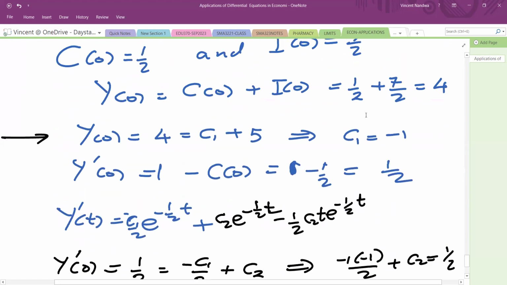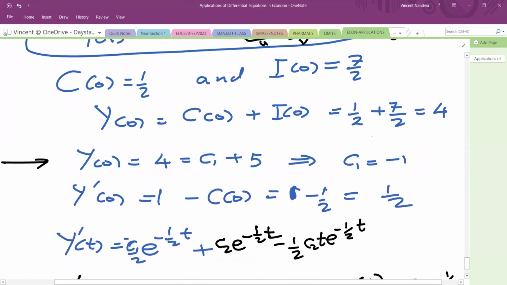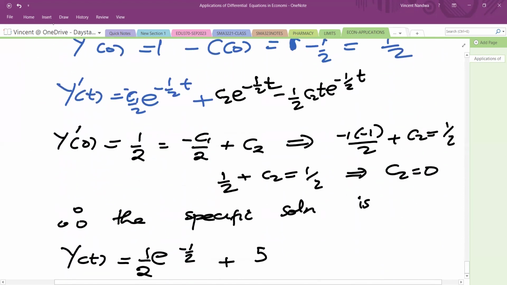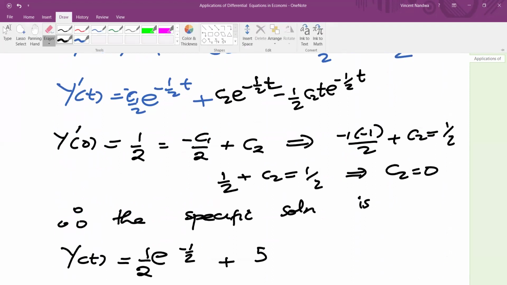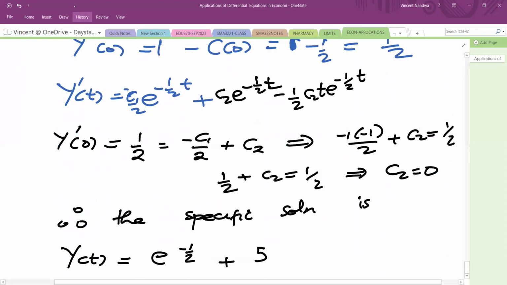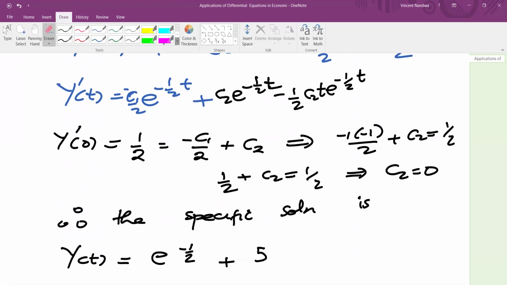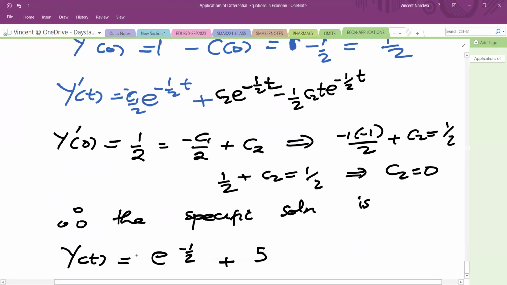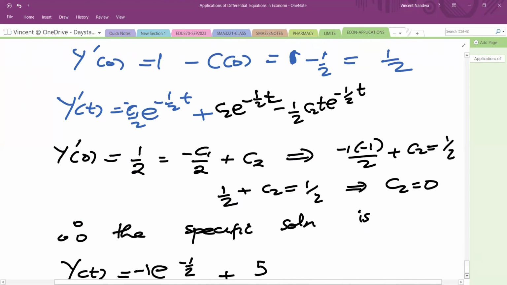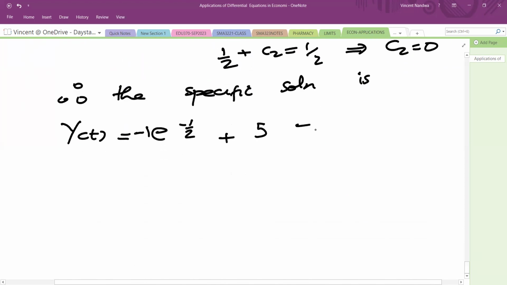We can rearrange this as 5 minus e raised to negative a half t.